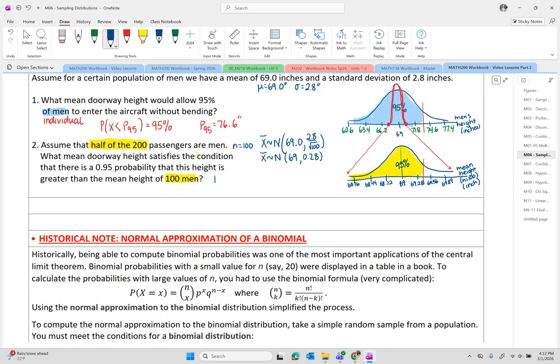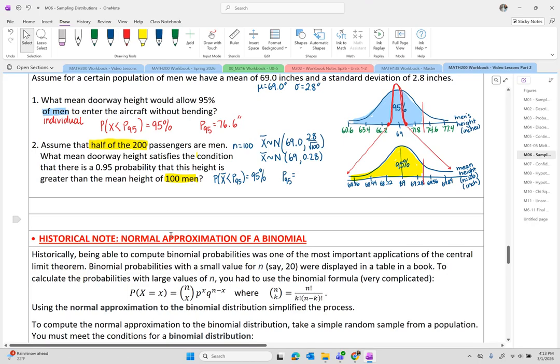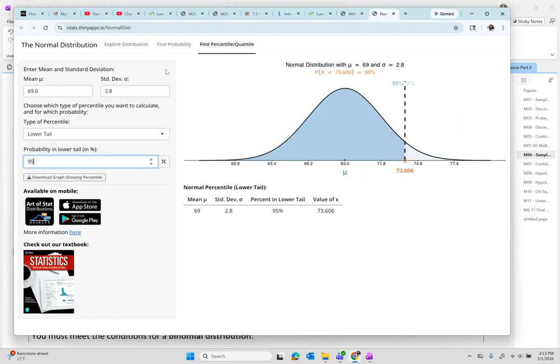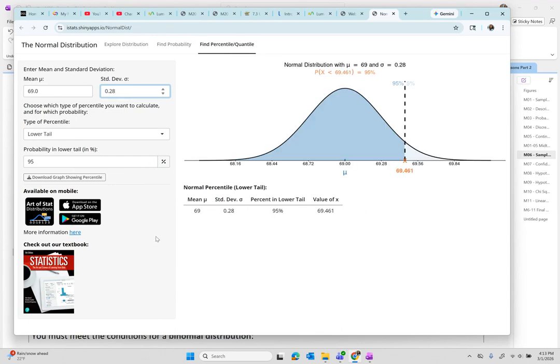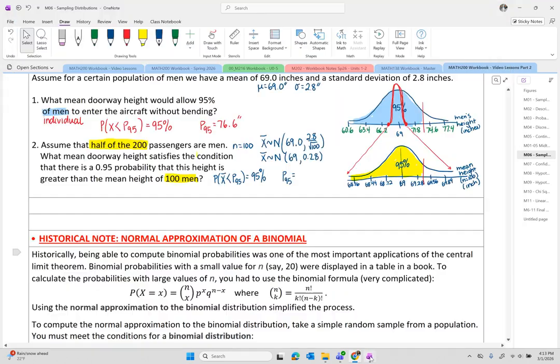So this is the probability of x bar being less than this P95, which will have probability 95%, and I'm going to use my technology to find it. I have a mean of 69, but now a standard deviation of 0.28. And the 95th percentile is 69.46, or 69.5 inches.